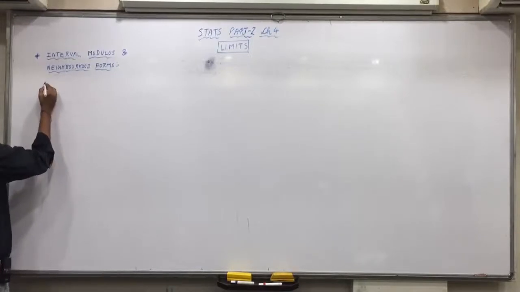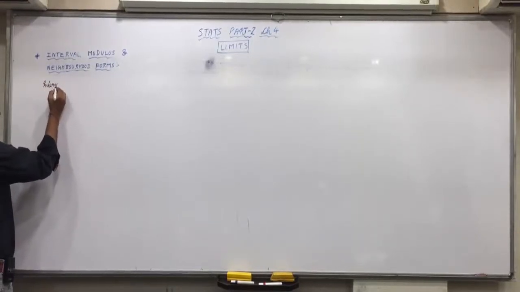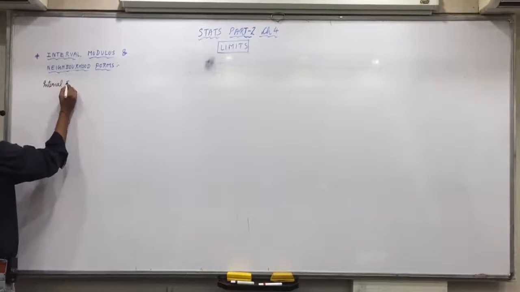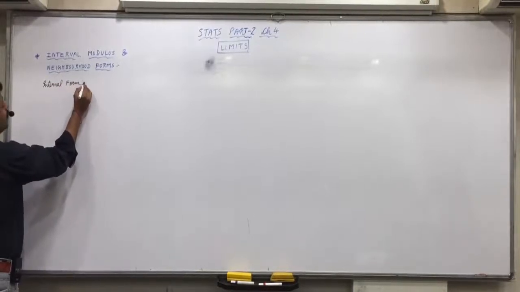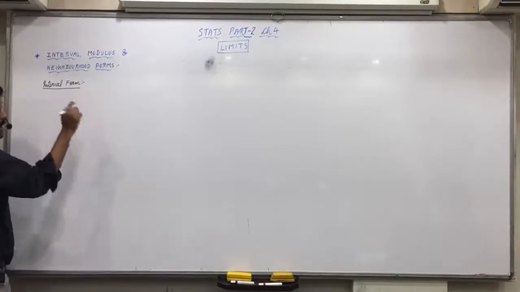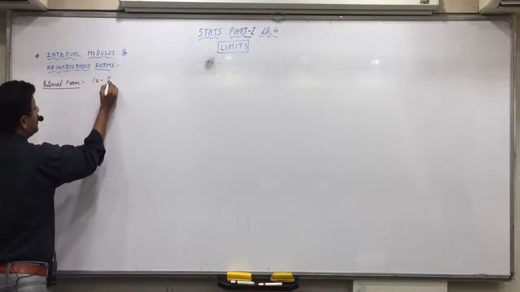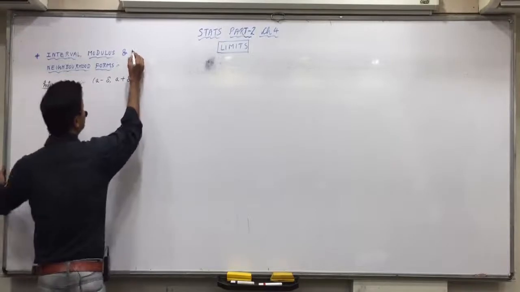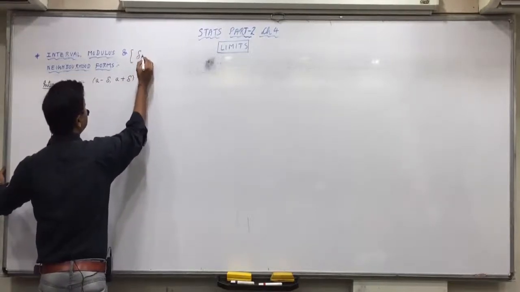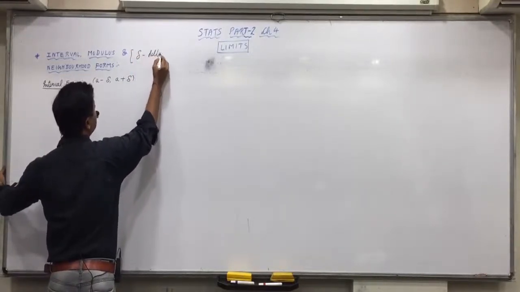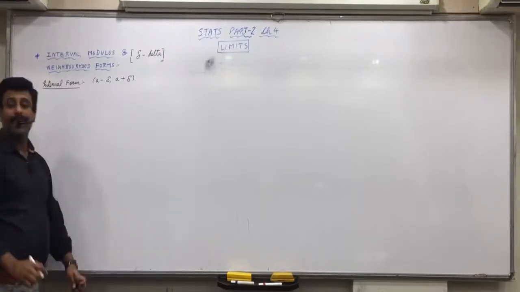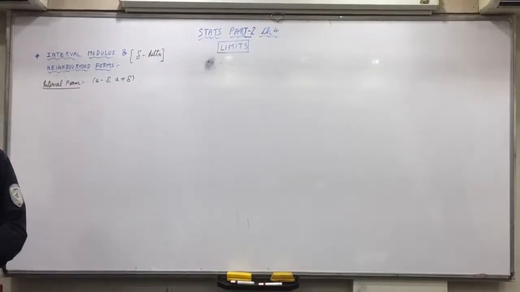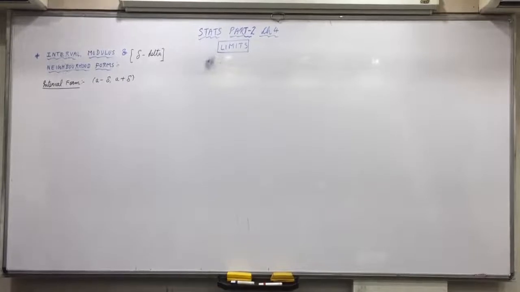Okay, for example, interval form. As I said, we will be using the open brackets. So A minus delta, A plus delta. This sign is called delta. There is no special meaning of delta.